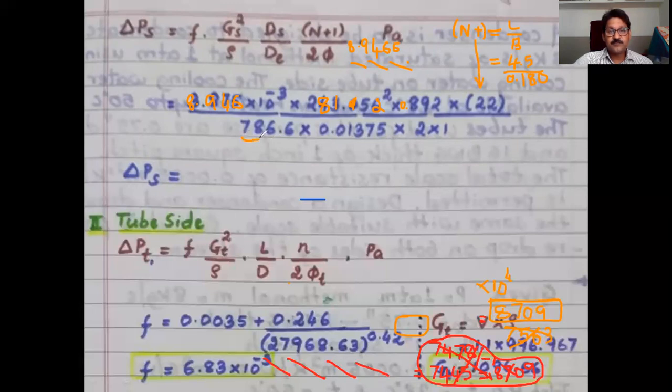And density of ethanol is given. And equivalent diameter of your tubes are given. 2 into psi. 2 psi is 1. It is not given.